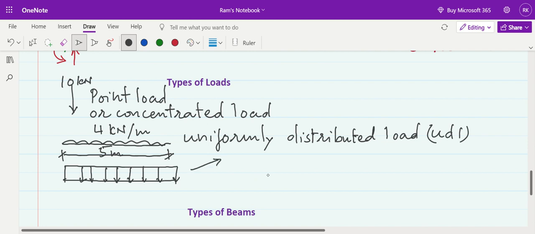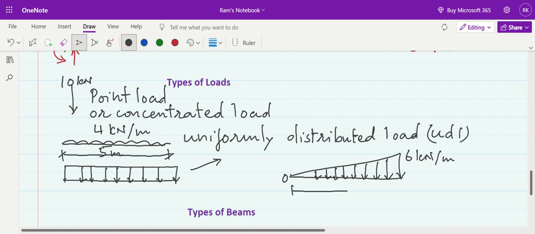Now the third type of load is uniformly varying load, where it may vary from 0 to a particular value. Let us say it is varying 6 kilonewton per meter. It may vary uniformly from 0 at one end of the beam to 6 kilonewton per meter at another end of the beam.